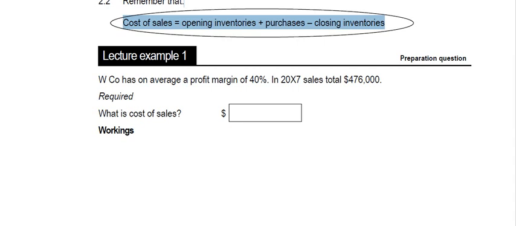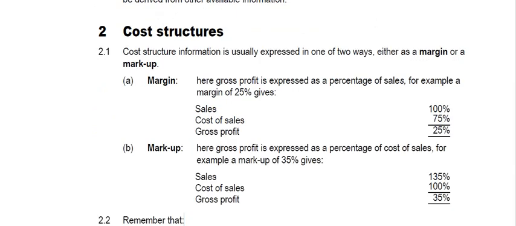WCO has on average a profit margin of 40%. In 20x7, sales total 476,000. You are required to calculate the cost of sales. We're using margin. We said with margin, the sales is the one which is 100%.